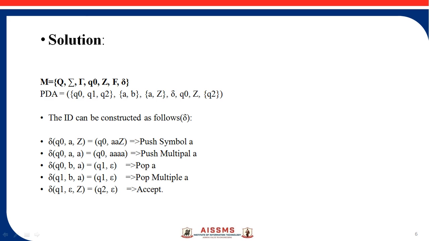Next one is Γ. Γ is the symbols which are pushed or popped onto the stack, that is a and Z. Delta is defined here. q0 is the initial state, Z means the top of the stack, and q2 is the final state.